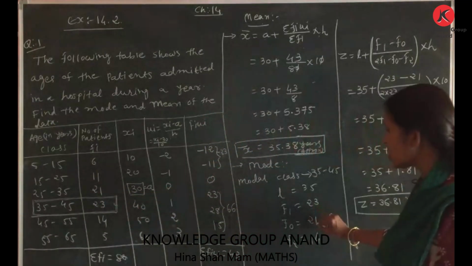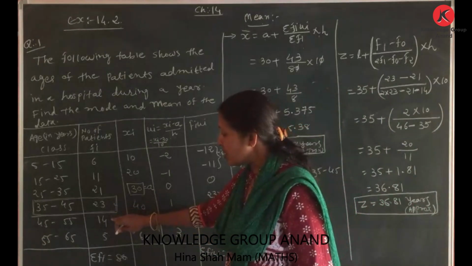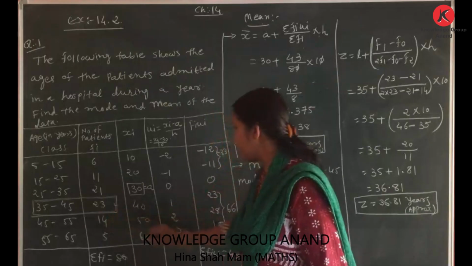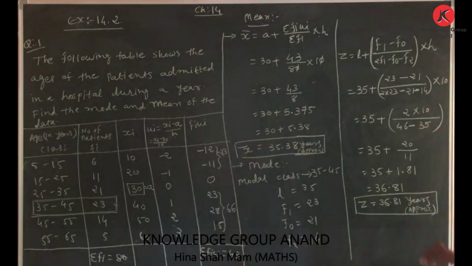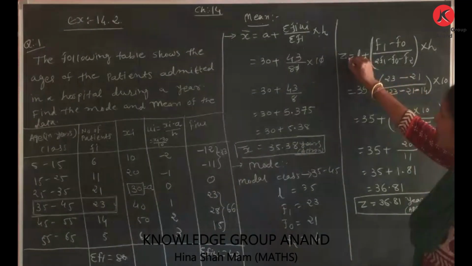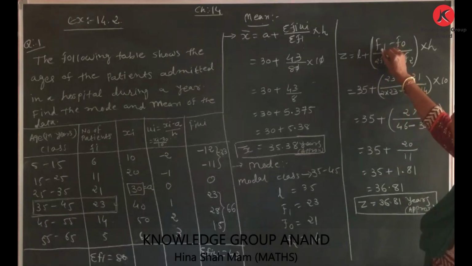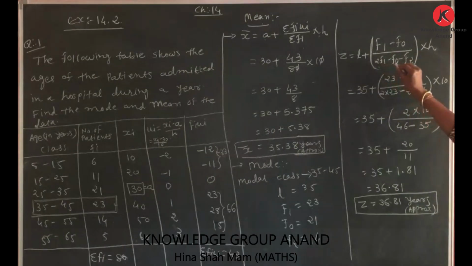Therefore, f0 is equal to 21, and f2 is the successive frequency of the modal class. Therefore, f2 is equal to 14. Our formula: mode z is equal to l plus f1 minus f0 upon 2f1 minus f0 minus f2 into h.